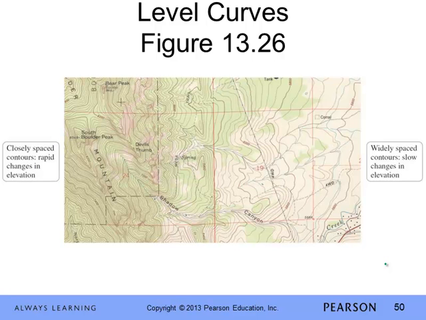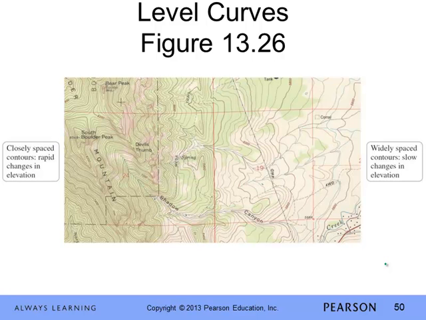What a topographic map does, here's an extract of a topo map, is that for fixed elevations you have a curve. So for example, for an elevation of 6,400 feet, you would follow this curve right here. Imagine a trail going through the hills that is exactly elevation 6,400 feet. That would be this curve right here.